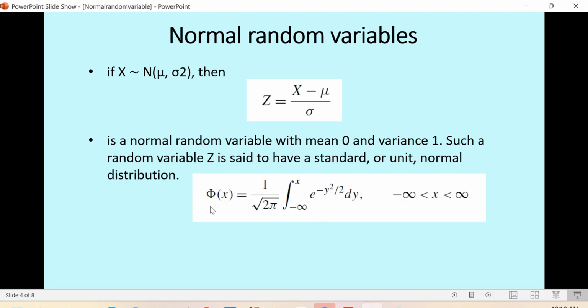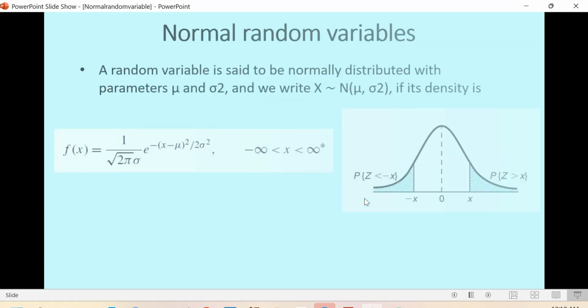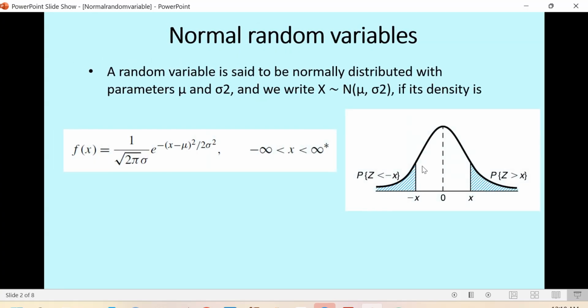We write this as phi of x, which means the cumulative probability. If we look at this figure, this is the same as, for example, this cumulative probability up to x, which is this blue area plus this white area.